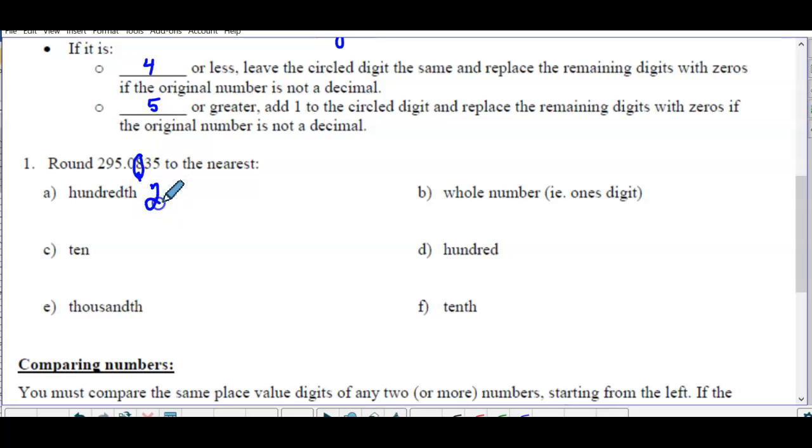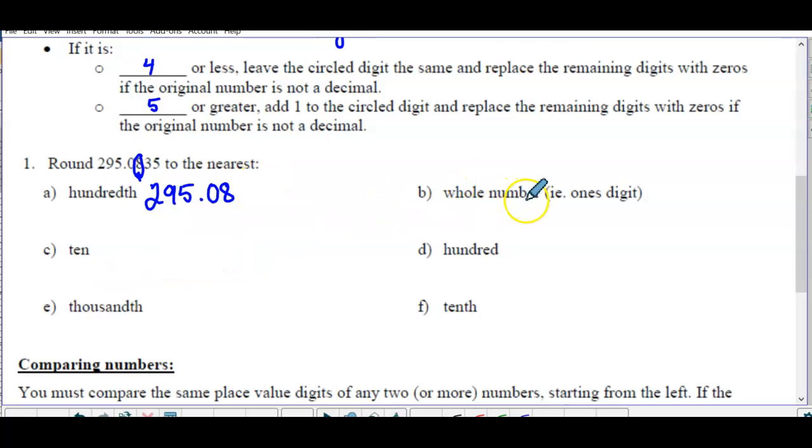It does not change it, so it's 295.08, and you don't put decimal places afterwards. Really, if you did, you're making the decimal more accurate. So you're saying that if we were measuring something, if we put zeros in there, that means we've measured to the nearest 10,000th digit, which really you didn't.